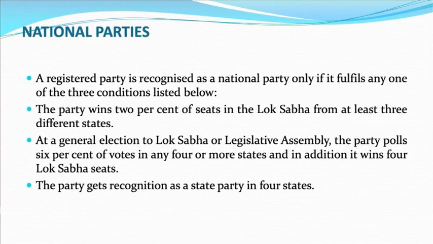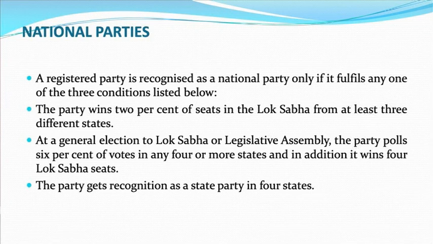A registered party is recognized as a national party only if it fulfills any of these three conditions. So as I was saying, for a party to be a national political party, it has to fulfill certain conditions. Now what are these conditions which a political party has to fulfill to be assured the status of a national political party?